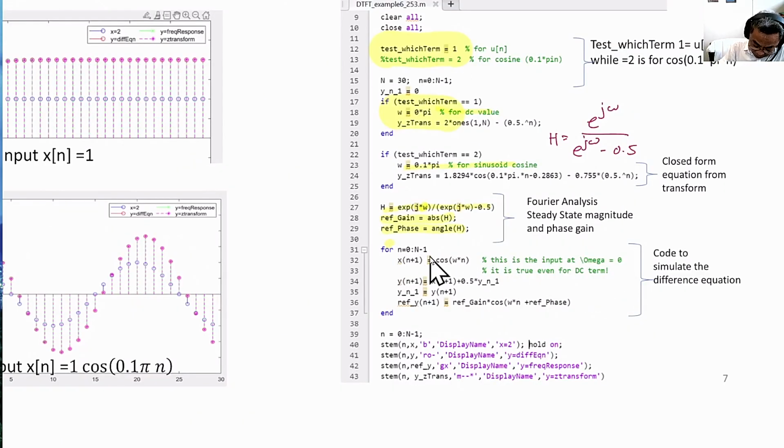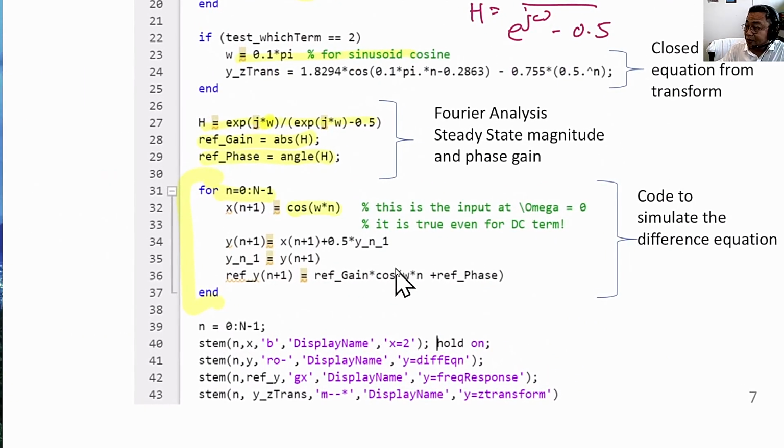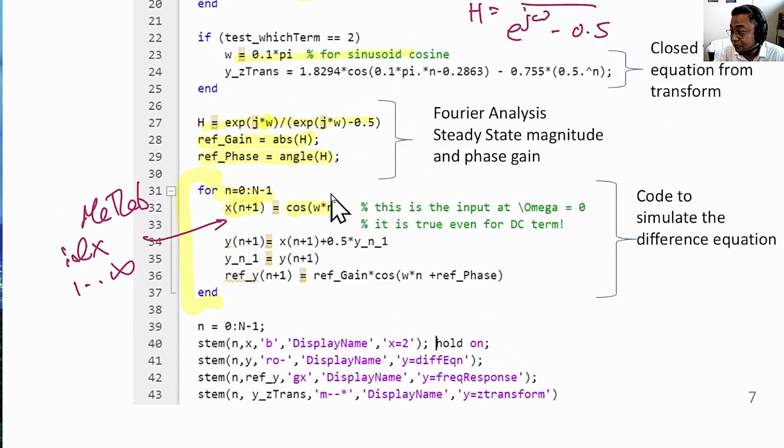Now, what about the difference equation? This is the for loop. I use 30 samples, and then I'm going to calculate different cosine for different n. Now you must be wondering, why am I saving it as x of n plus 1? The reason is that MATLAB unfortunately indexes from 1 to infinity, so it cannot have x of 0.